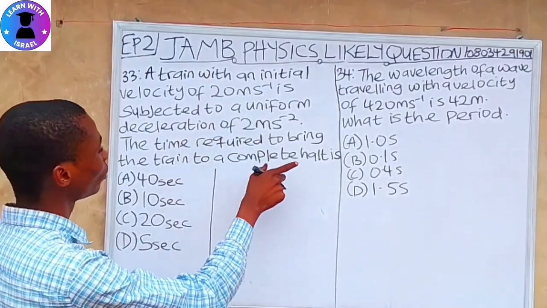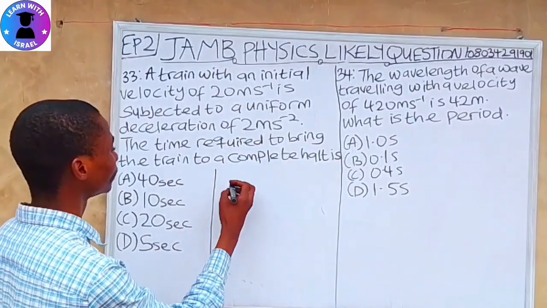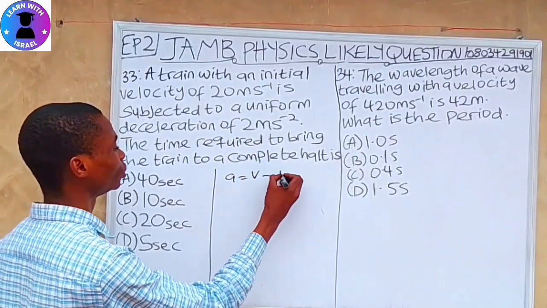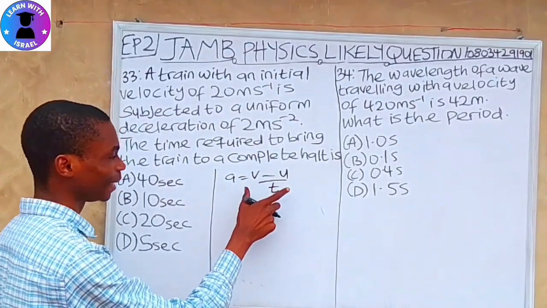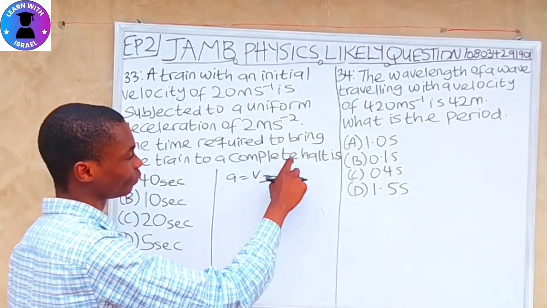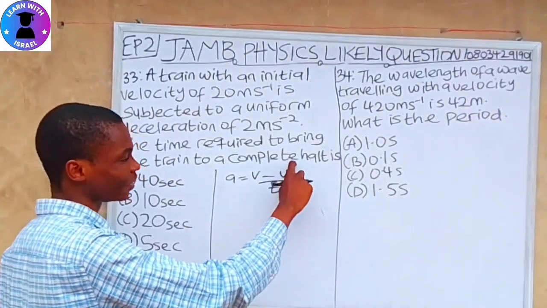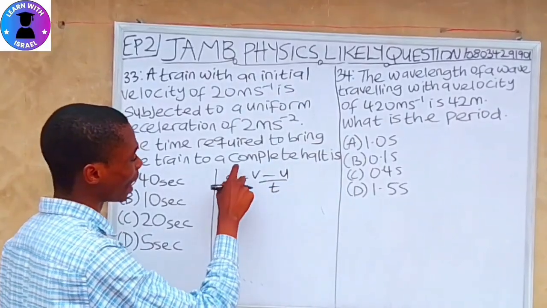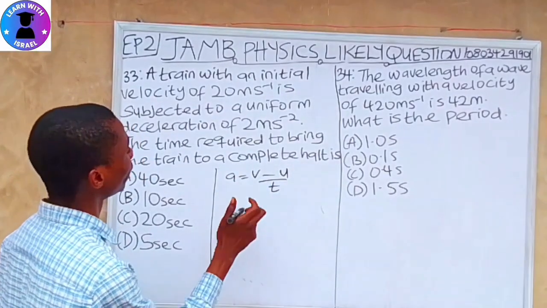So the formula for acceleration is (V minus U) over t. As I said earlier, we subtract our initial velocity from our final velocity, divided by our time, to get our acceleration. Okay, let's solve.